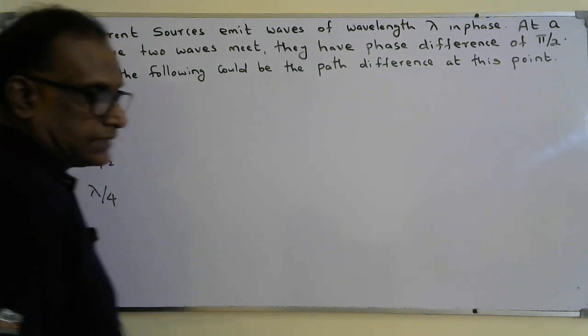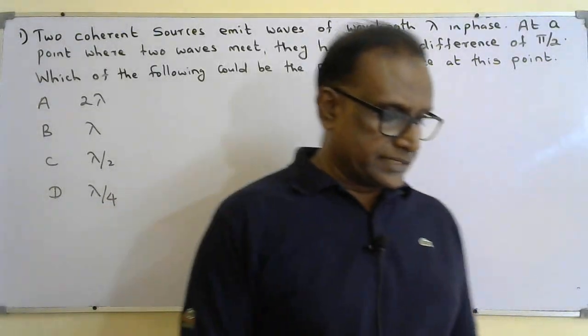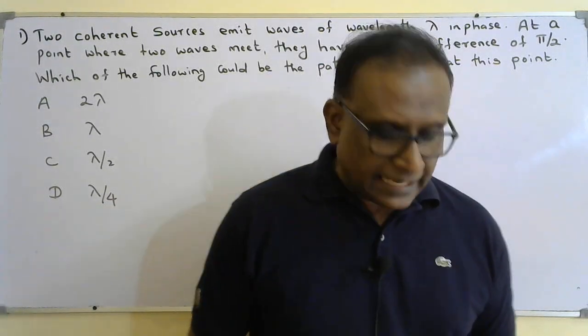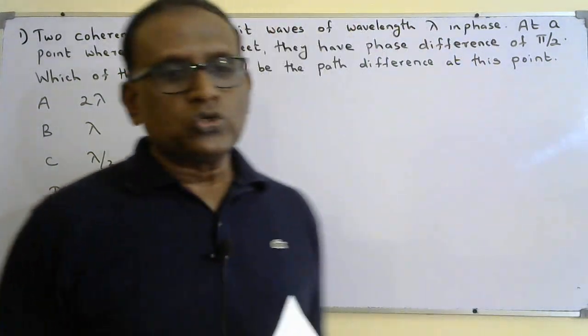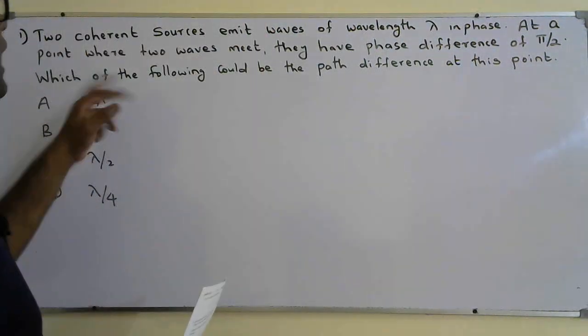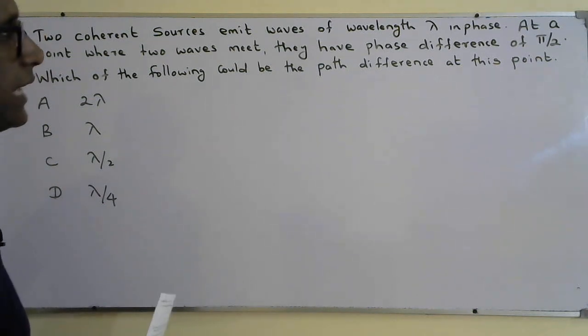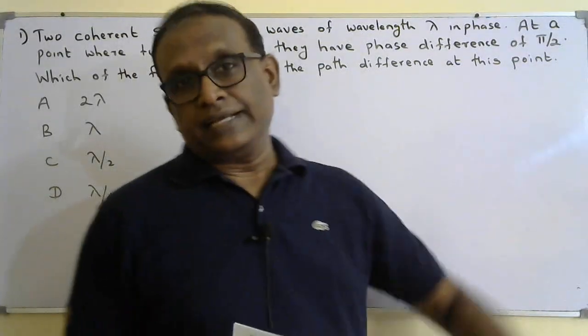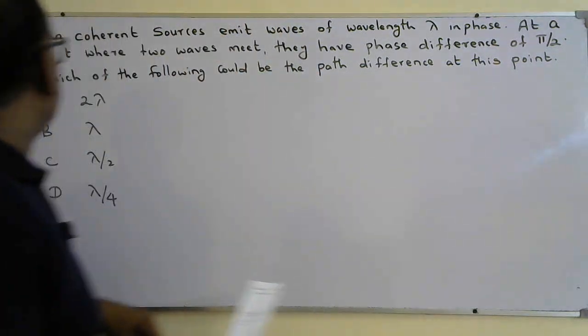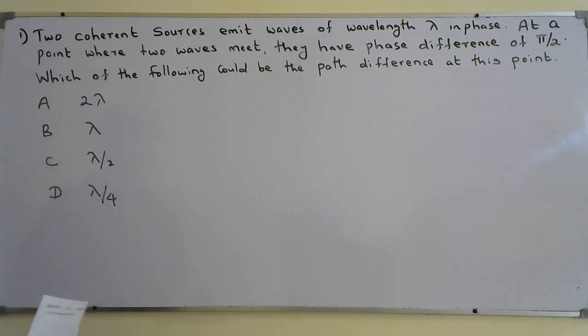Okay, so that's the end of the theory related to superposition. Now we'll discuss a few exam style questions. This is an MCQ question. Two coherent sources emit waves of wavelength lambda in phase. So at the point where they are emitting, they are in phase with each other. At a point where the two waves meet, they have a phase difference of pi by 2. Which of the following could be the path difference at this point?